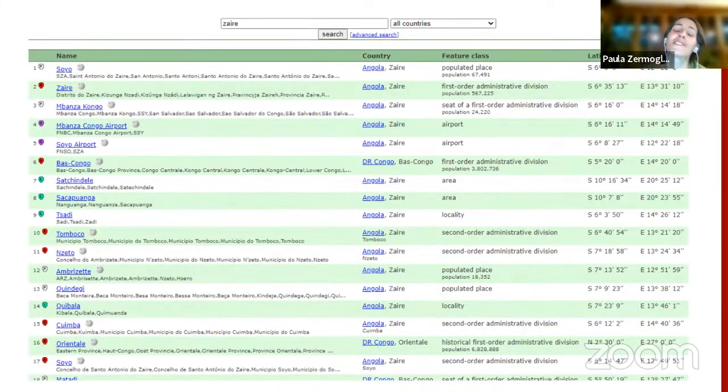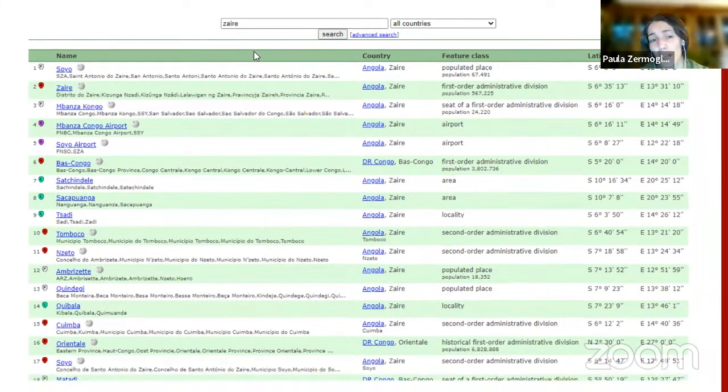And when I looked for it in Geonames, I got all this list, which is much longer than you can see on the screen. It keeps going down, of places that have Zaire as some related name for the given place.